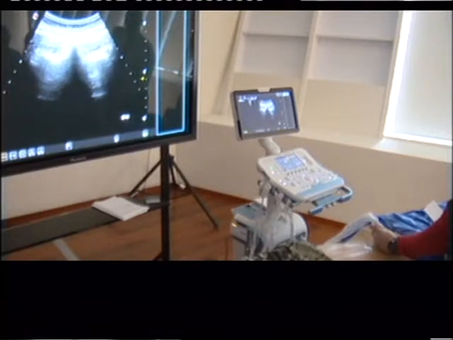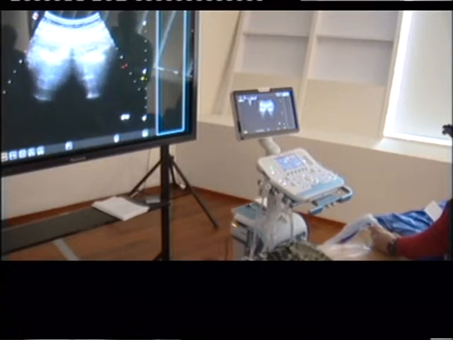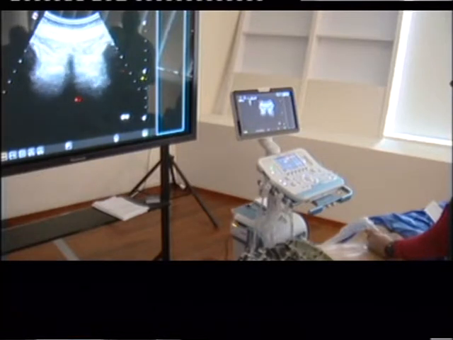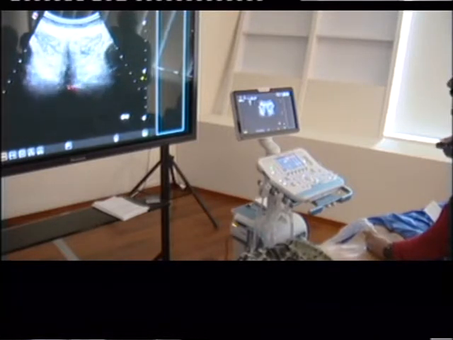S1. A little more up, up. There. See? S1. Oh, no, S1 there. Now if you go up more, L5. Drop, keep going, and keep going. 5.